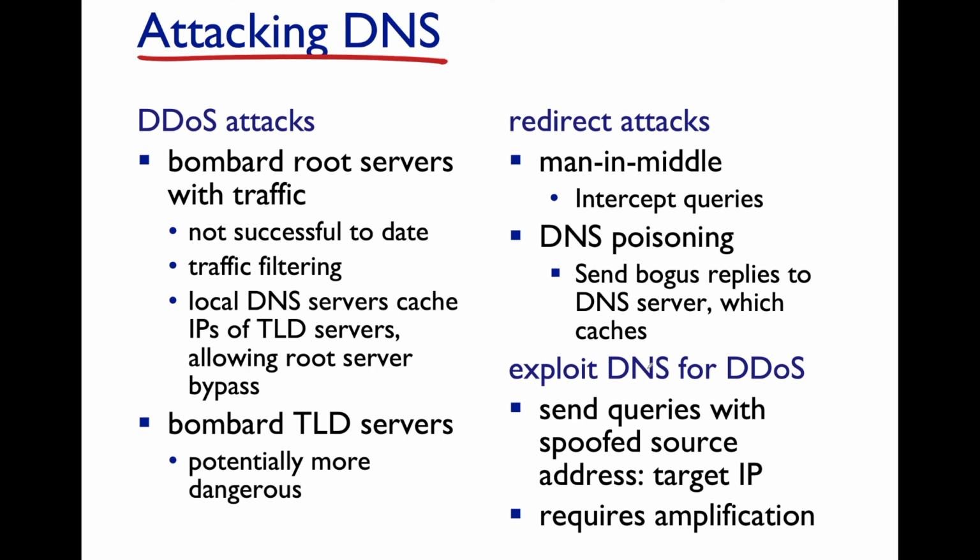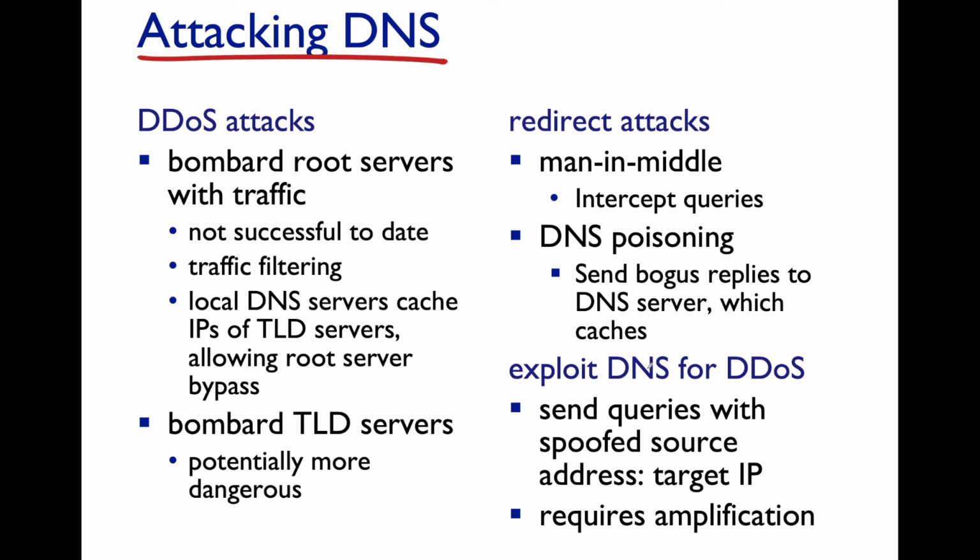You could also try to redirect. If somebody tries to resolve a name and address, you could intercept that DNS query and then respond as if you were the DNS. All right, so if you're intercepting queries, then you could sit in the middle and try to do interesting things with the traffic and deny them access.